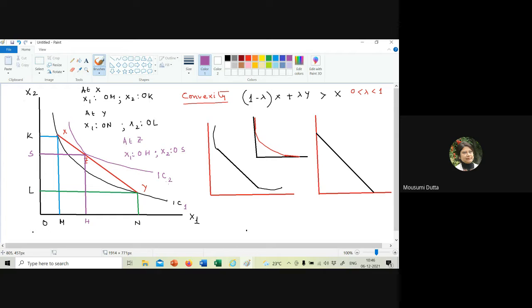And are we understanding for any combination Z which will lie along the straight line stretch XY will lie on a higher indifference curve? Z can be located anywhere on the straight line stretch XY, and for any combination of X and Y at Z, the consumer will be on a higher indifference curve.